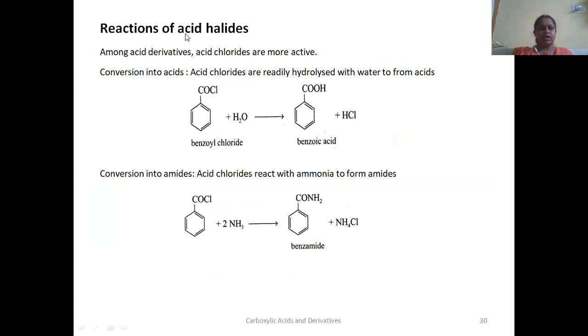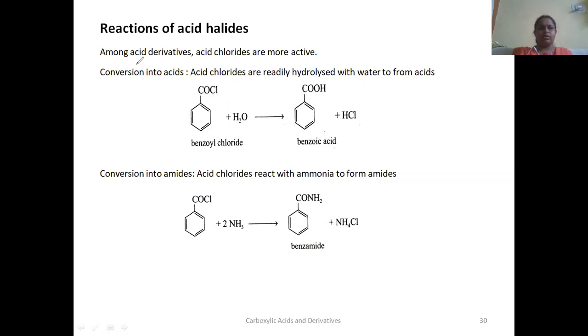Now first let us see the reactions of acid halides. Acid halide means the group which contains C double bond O, Cl. If a compound contains this group, then such compound is known as acid halide. Since this is benzene, this group is known as benzoyl, and this is chloride. I'll show with a marker here.